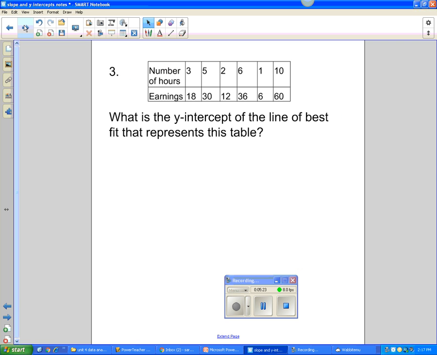All right, number 3, what is the y-intercept of the line of best fit that represents this table? Tamara, what's the key word I should circle? Y-intercept, good. Ethan G, how do I get the y-intercept? What do I do with it? Good, put it into stat.